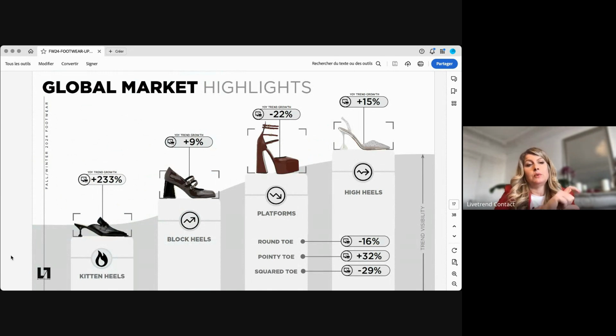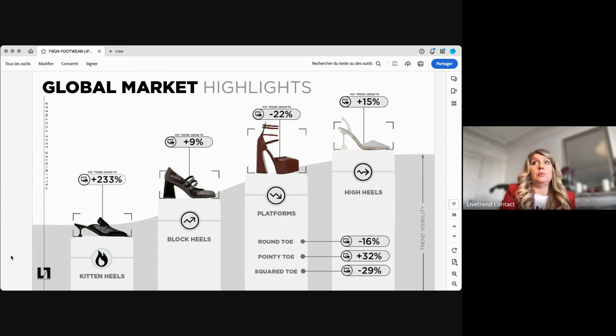You can see in this trend curve, the gray one on this slide, the trend visibility. We can see that the shoes with the most visibility are the high heels at the moment, and they grow 15% compared to last year, and they are predicted to be stable for the upcoming season.